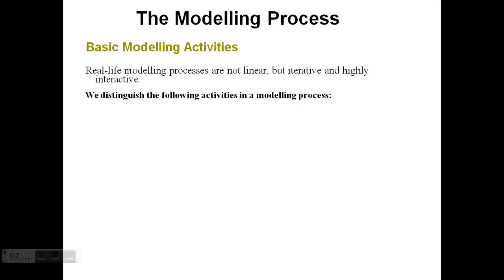We have to decide on the scope and focus of the model. For example, what parts of reality will be described in this model, such as a primary process or a secondary process, and so on. And also we need to determine what aspects will be described and how.